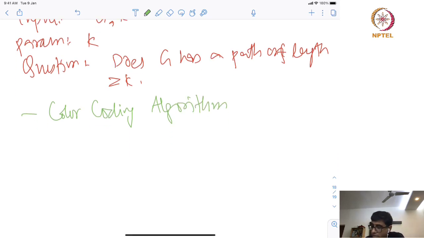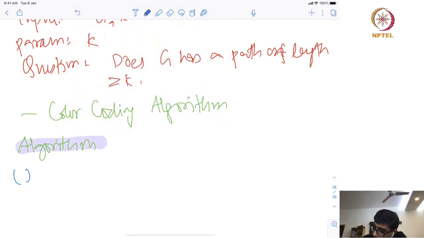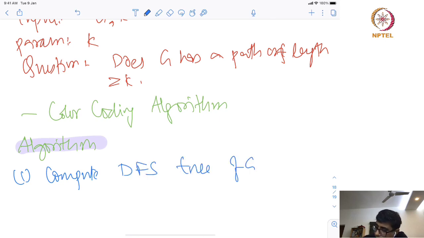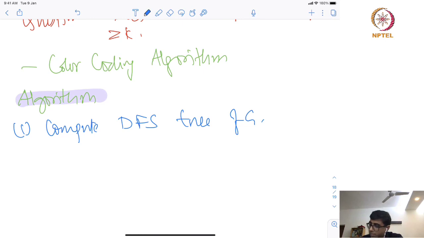Now, let us see a magic using tree decomposition. So, what will we do? Here is an algorithm. Compute a DFS tree of G. So, I have computed a depth first search tree.